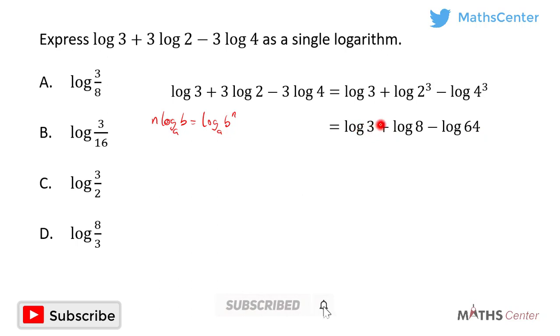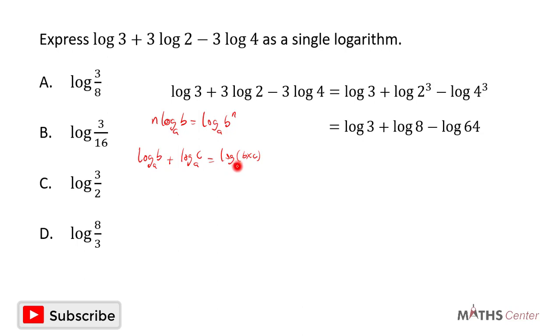Let's add log 3 to log 8. Once again, from logarithm, if we have log b base a plus log c base a, we will have log b times c base a.